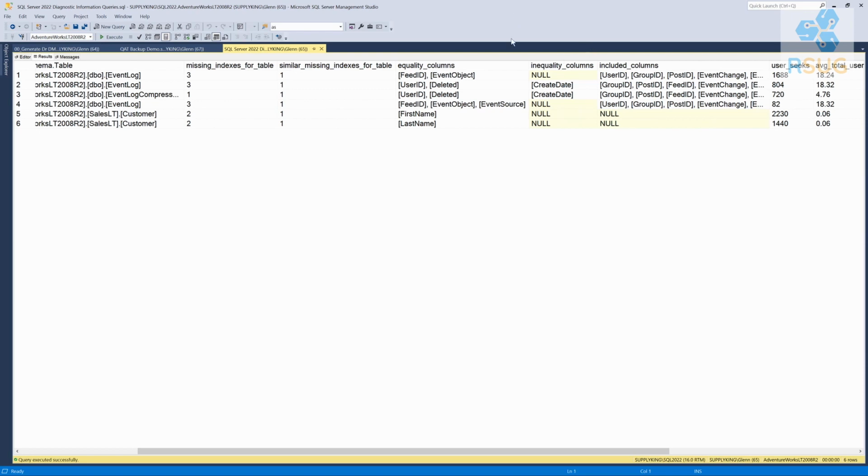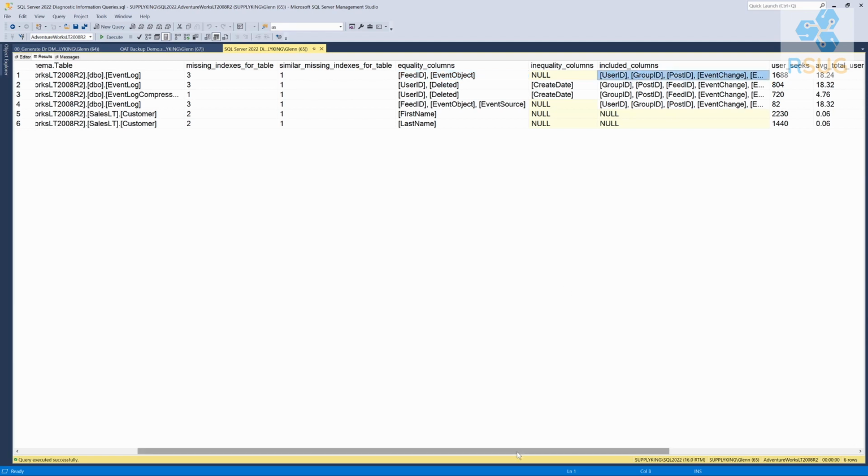And then the other thing to be careful about is you can't believe the order of these columns. You need to check the cardinality of those yourself if you want to be more accurate and decide what order to put these columns in when you create an index. And it only matters for the equality columns and the inequality columns. The order of the included columns doesn't matter.